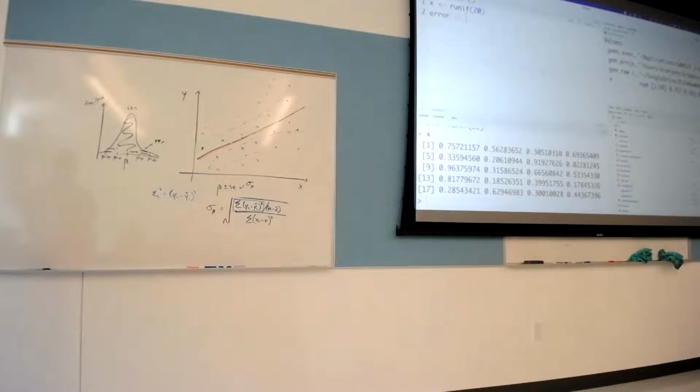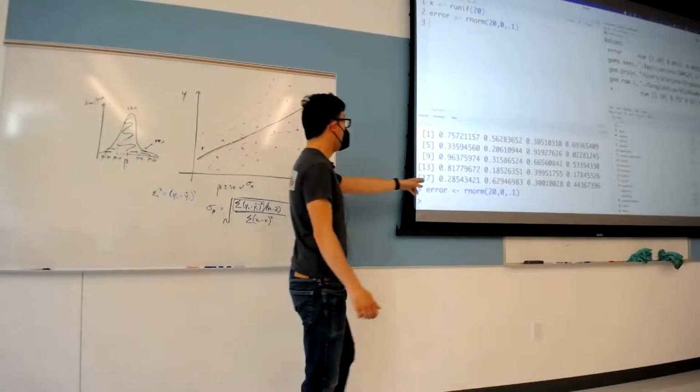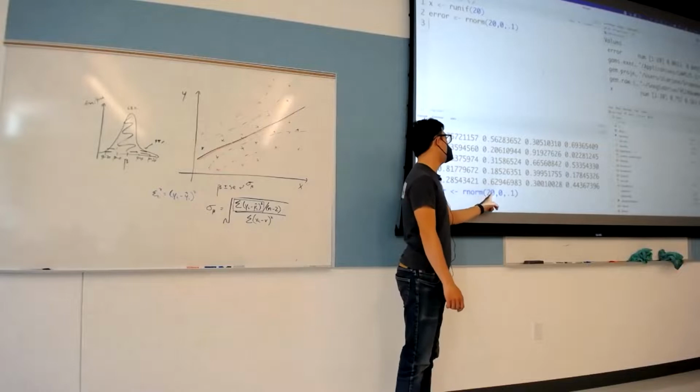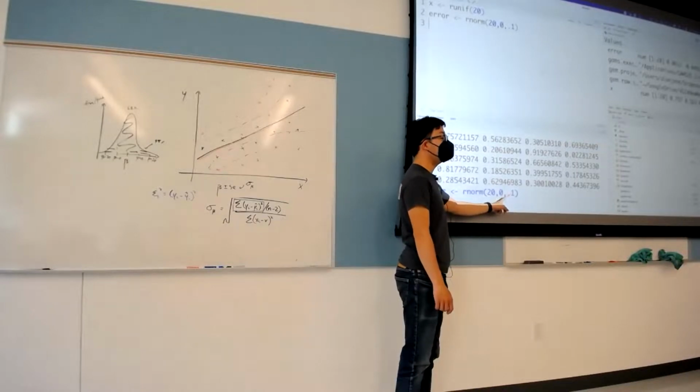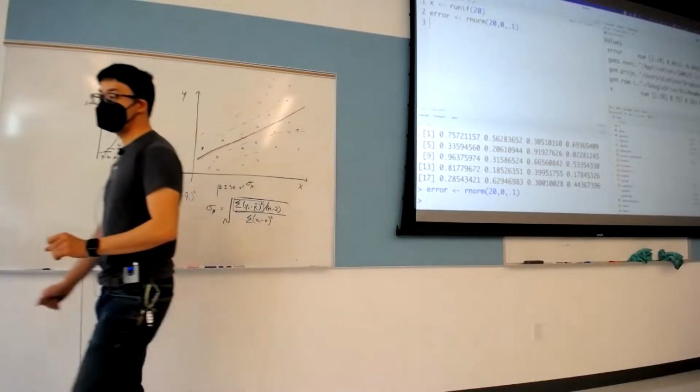This is my random error term, which I'm going to draw from a normal distribution with mean 0 and standard deviation 0.1. So I run that. rnorm stands for random normal distribution. I draw 20 times with a mean of 0 and a standard deviation of 0.1.